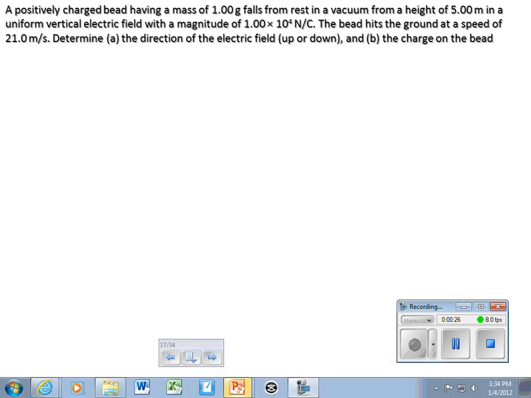So it says that there's this charge that we know its mass and it's falling in a uniform electric field. So I'm just going to draw the charge itself. There's our charge, okay? And it has a mass that we know. I'm going to say that we know a distance that it falls, 5 meters.